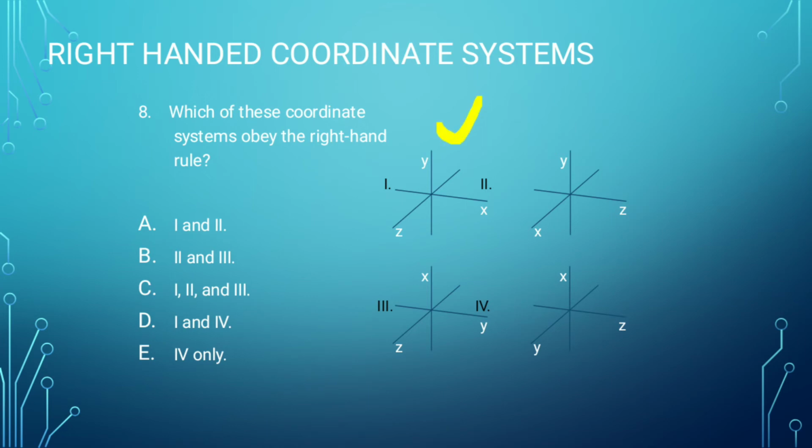Option 1, option 2, option 3 or option 4. Now we have to find out which option represents the exact right hand coordinate system: whether 1 and 2, or 2 and 3, or 1, 2, 3, or 1, 4, or 4 only. Please put the question number and answer it in the comment box.